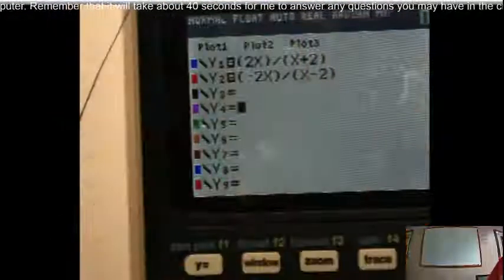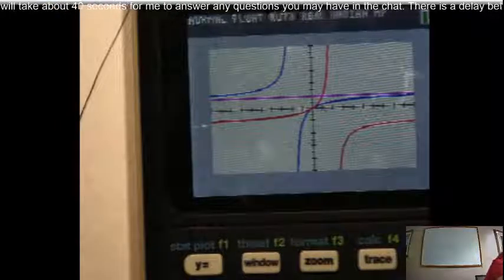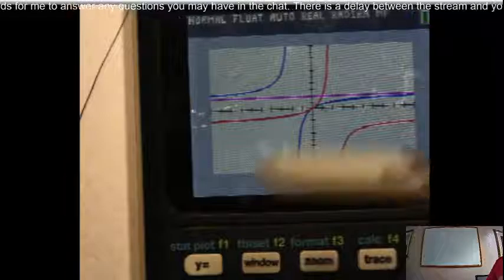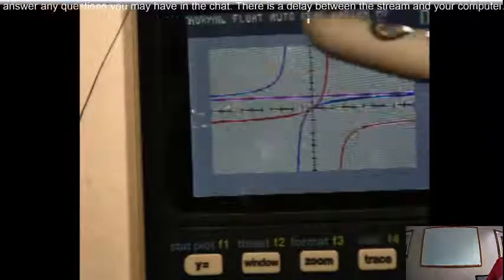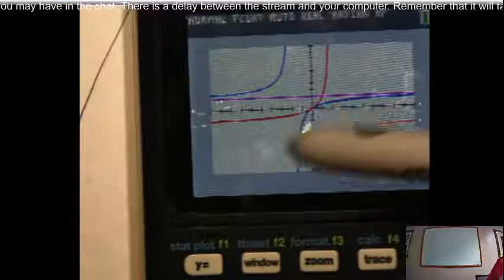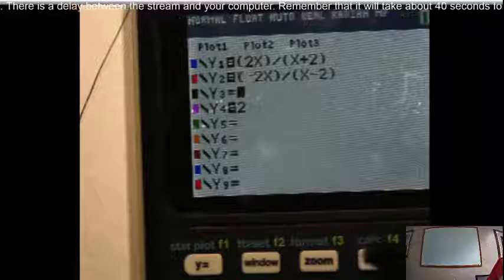Y cannot be 2, so y equals 2. This pink line that I've added here is where it cannot cross. As we can see, it's really close to it. It tries to get really close, but it can never quite cross that line.